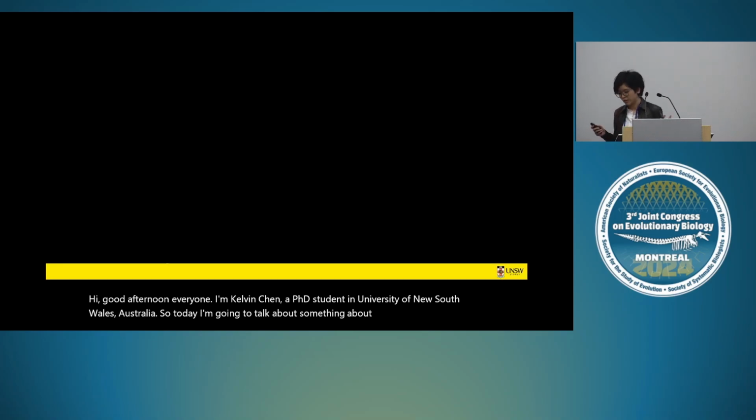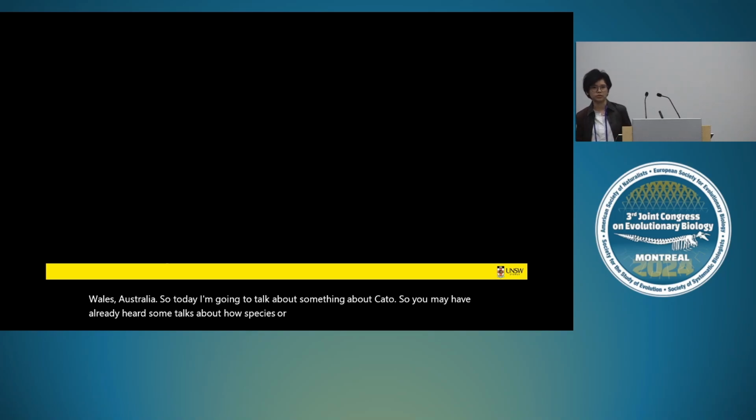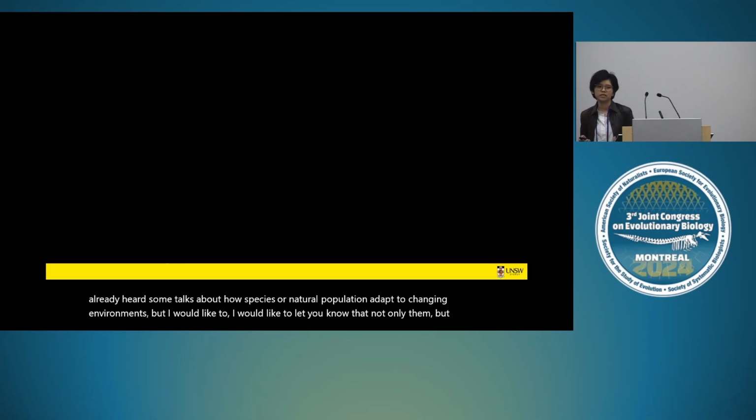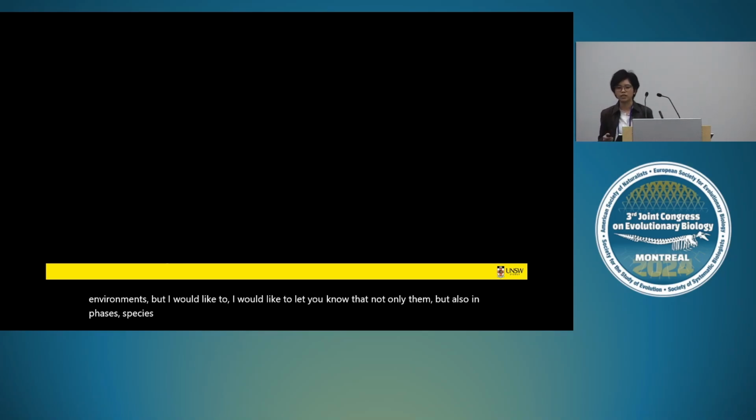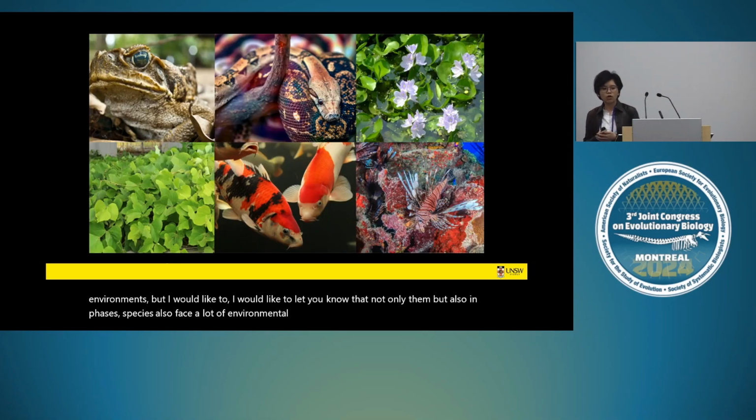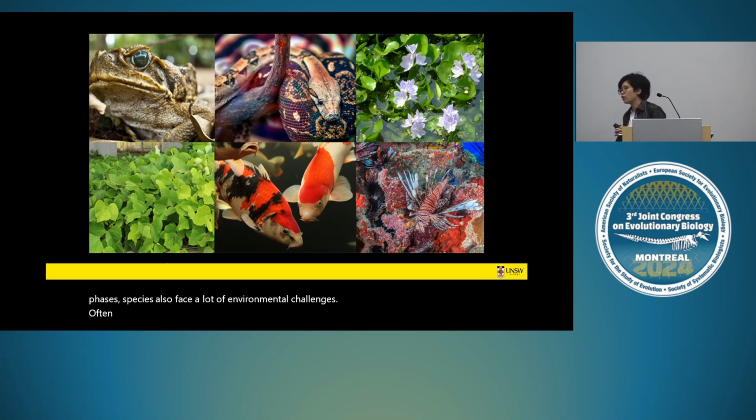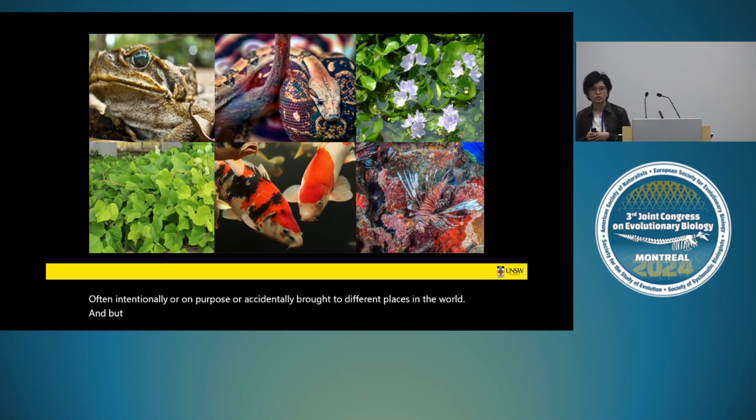So you may have already heard some talks about how species or natural populations adapt to changing environments. But I would like to let you know that not only them, but also invasive species face a lot of environmental challenges. They are often brought, intentionally or accidentally, to different places in the world, and they cause a lot of trouble for the ecosystem and the economy.